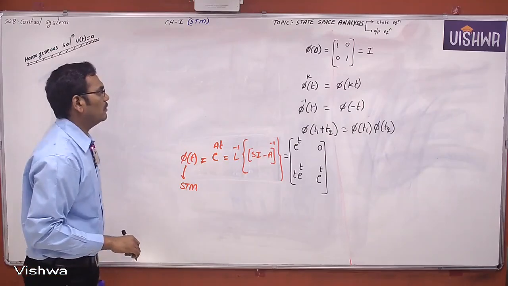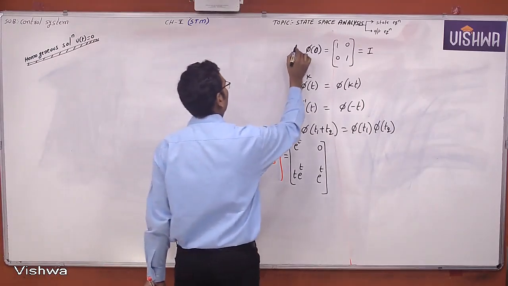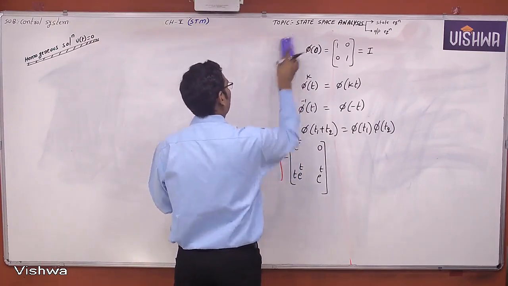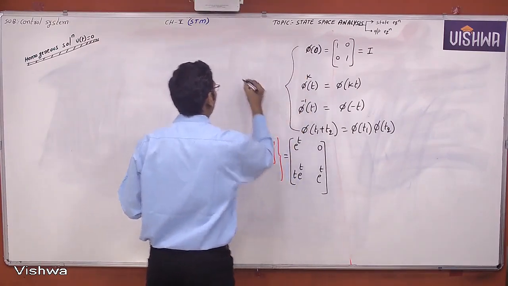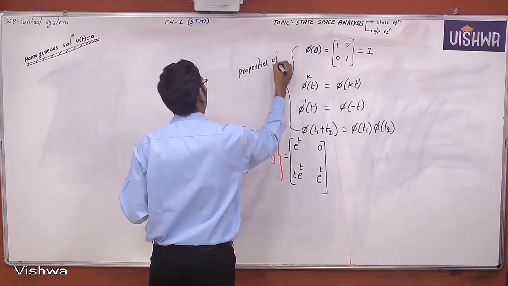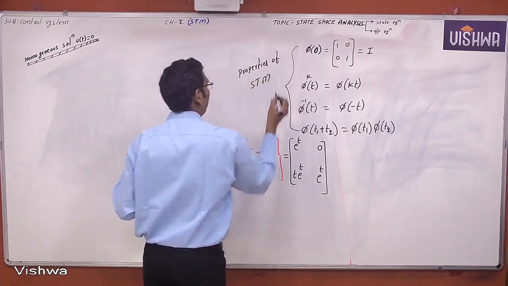Now these are the properties of the state transition matrix. Note down.